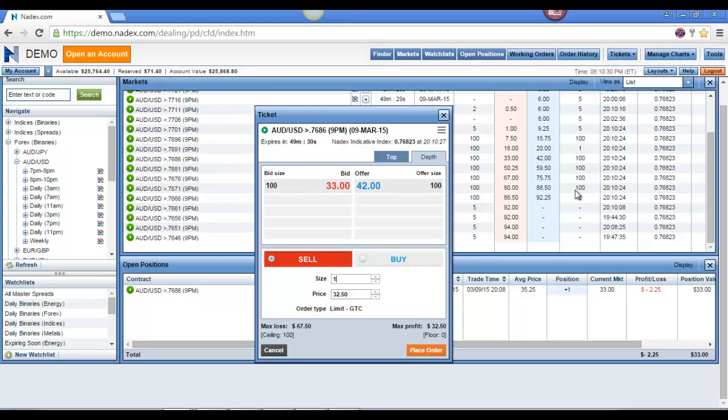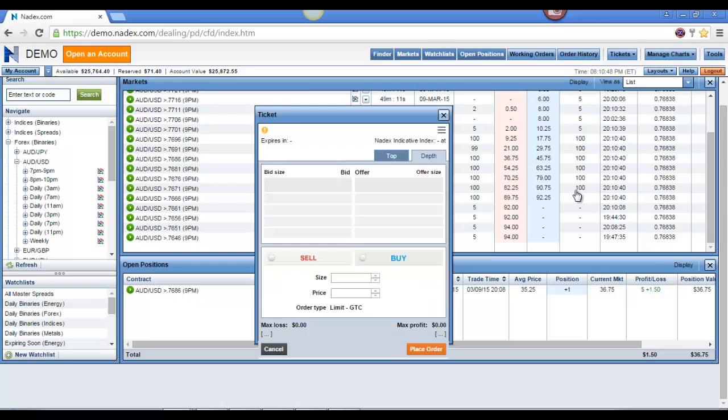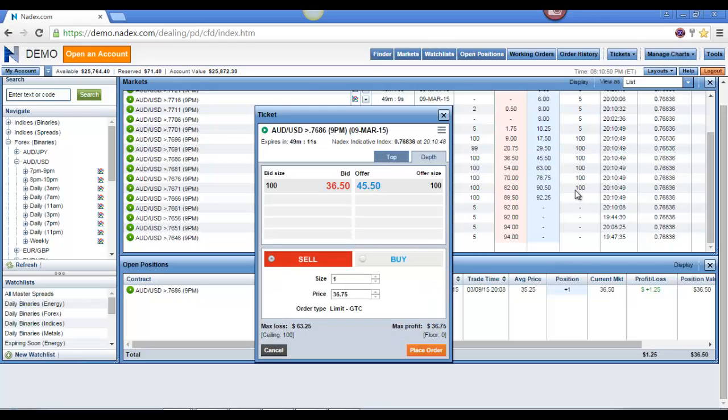Why is that? Well, it's because I bought this contract. I'm already in this contract as a buy. See position +1. That means I bought it. I'm long. All right. So if I am wanting to get out of this contract, when I click it, it knows automatically that I'm trying to sell to get out of it, right?